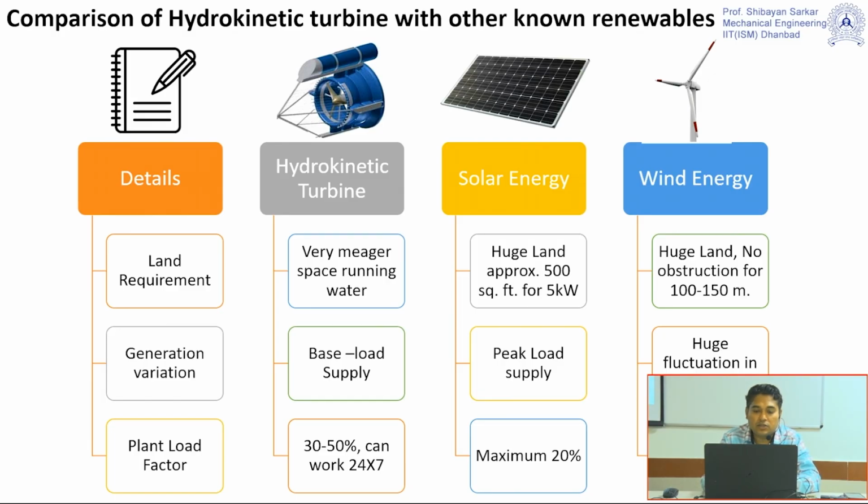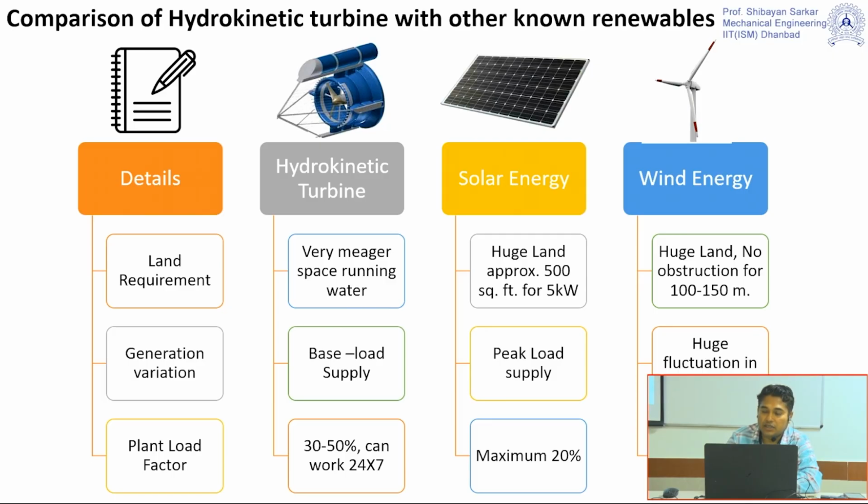In the case of the hydrokinetic turbine, whereas solar energy can generate during the daytime, and wind energy is possible only when sufficient fluid velocity is available. Not all fluid velocity is sufficient to rotate the rotor of the wind turbine.